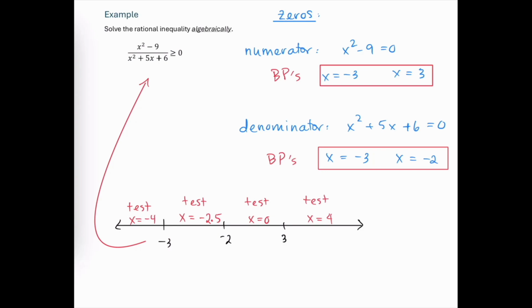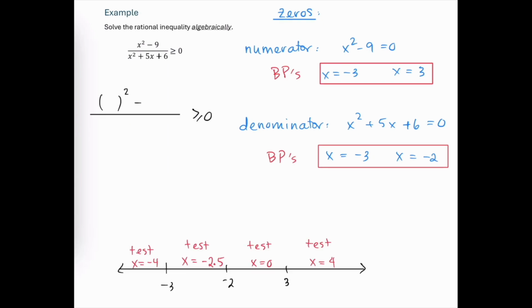All of these test values are going to be used back in the original inequality to see whether or not they make a true statement. So we have x squared minus 9 in the top, and x squared plus 5x plus 6 in the denominator. We'll start by testing x is equal to negative 4, so negative 4 goes in for all the x values, and then we evaluate to see whether or not this is a true statement.